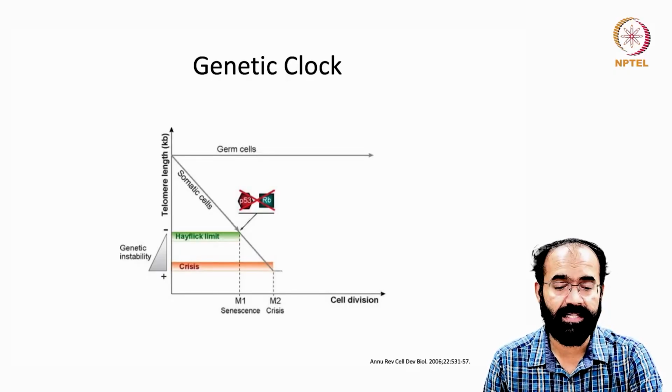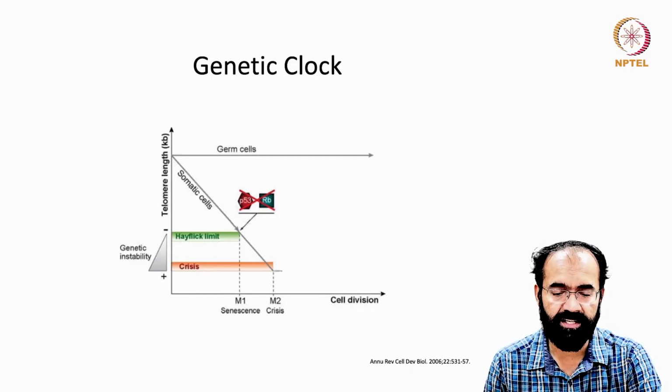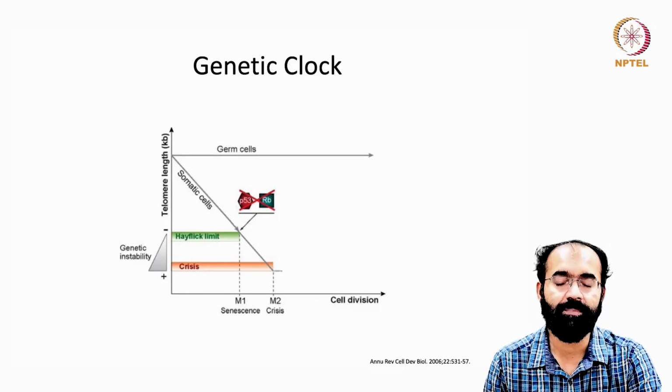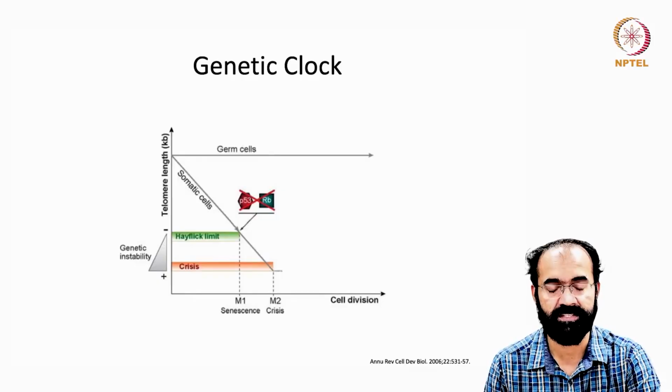Starting from here, a very high telomere length, it reached up to here because of cell division. That is the Hayflick limit. Then as the division continues further, the Hayflick limit is reached at a stage where you have M1 senescence. That is the first initiation, the first phase of senescence.